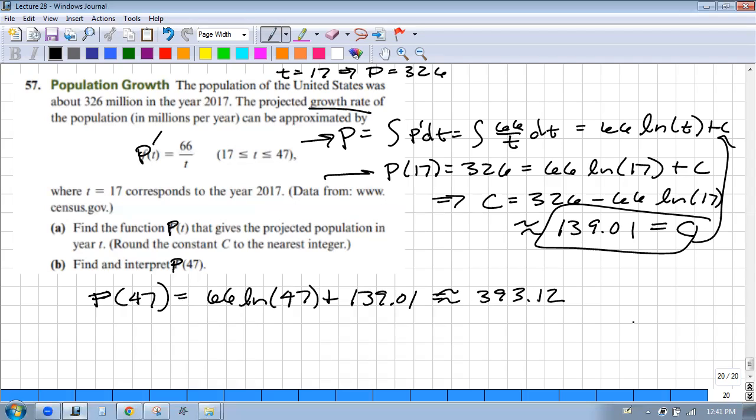So what does that mean? That means the population in year 2047 is 393 million.